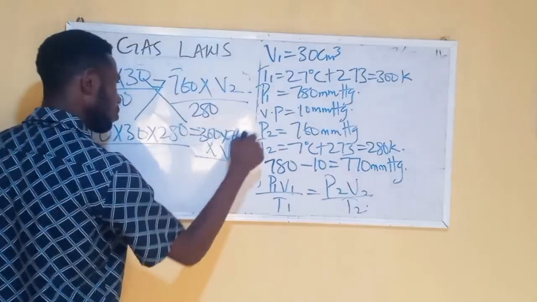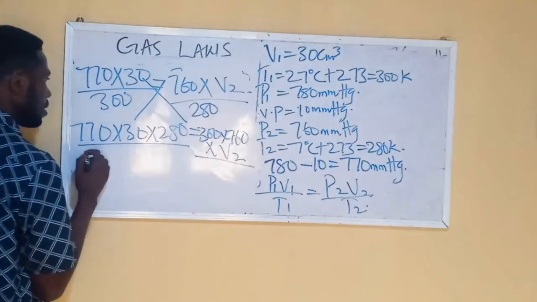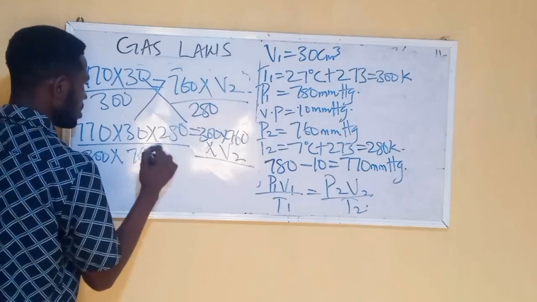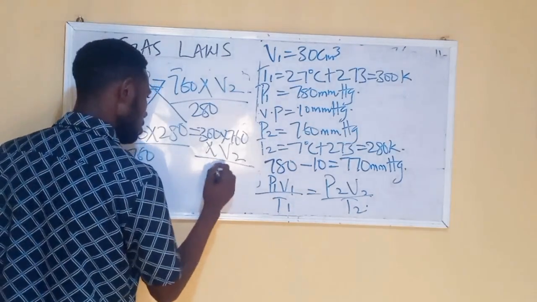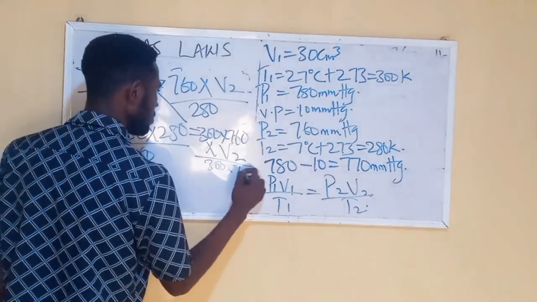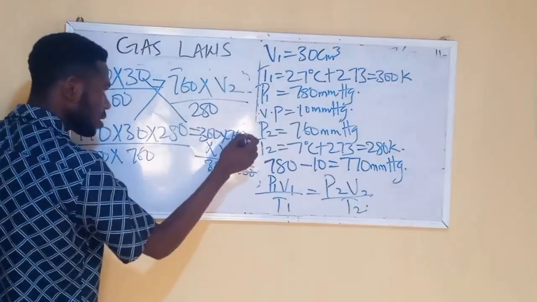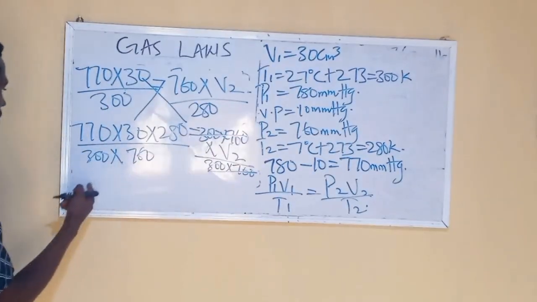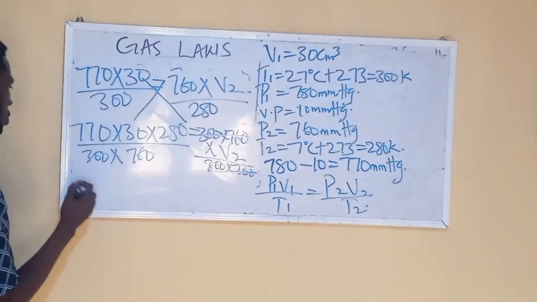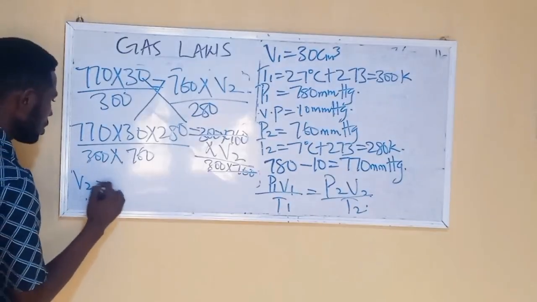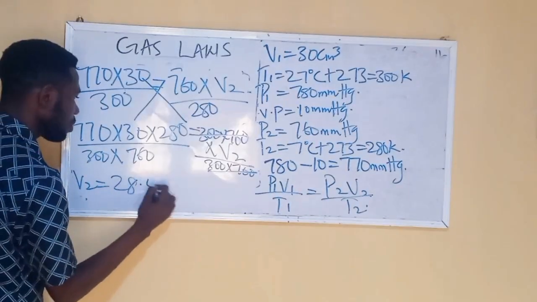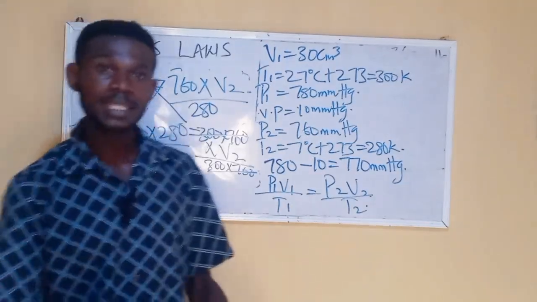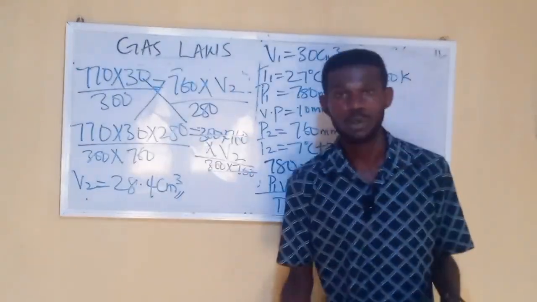Divide this side by all contents that you have here: 300 times 760. This is also 300 times 760, just to cancel out this figure here. So when you carry out your calculation, your answer will be V2 is equal to 28.4 centimeter cube. That is how to carry out your calculations.